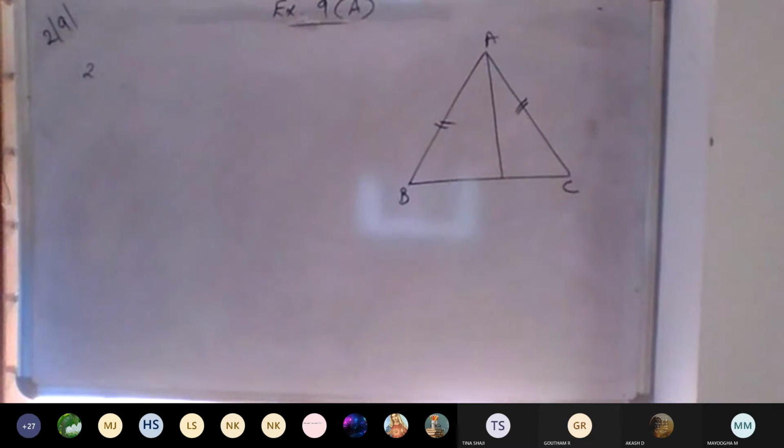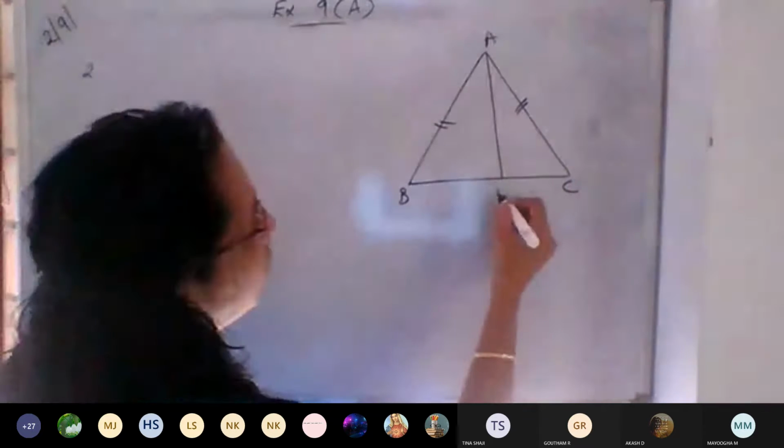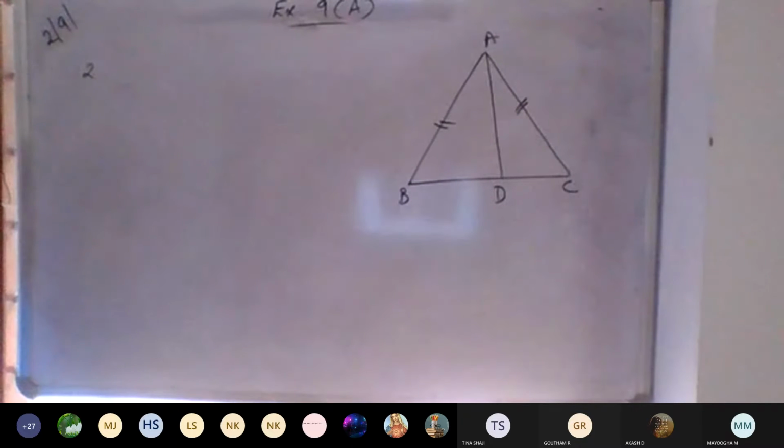For these types of problems, first we have to find out the congruency. If we consider these two triangles, which are the two triangles? To prove altitude AD is the median also, first we have to find out the congruency.